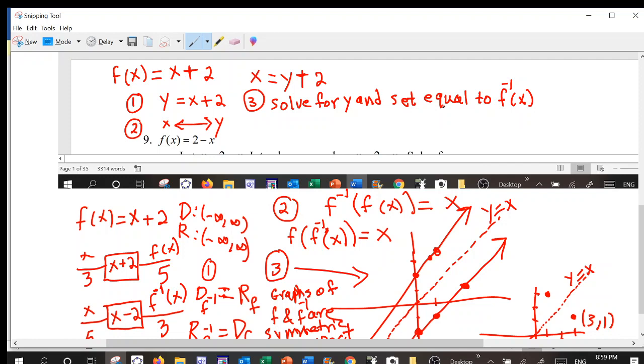There. Basically, we solve for y here. So solving for y, we get y equals x minus 2. Just move the 2 to the other side. And so f inverse is going to be x minus 2. And that's it, right?